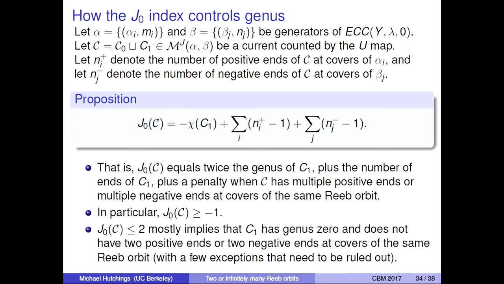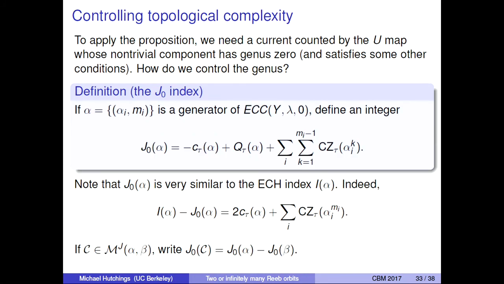I'm skipping over this so I can get to the most interesting part. Basically I have this number here, and I want to bound it. This number is similar to the grading. The difference between the grading and this number is this stuff, which I didn't explain. But you can bound it in terms of the symplectic action.